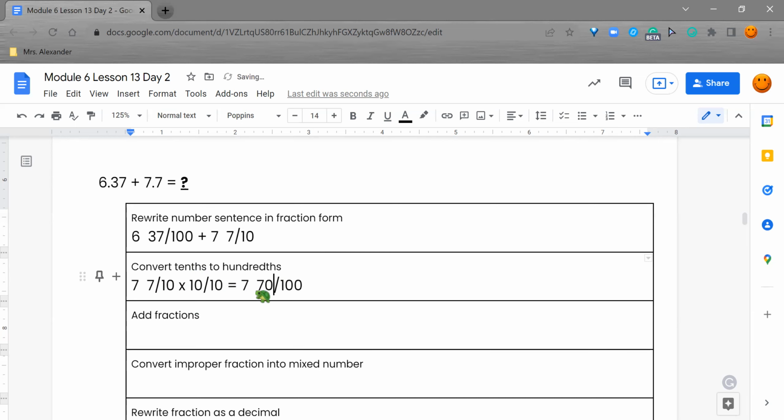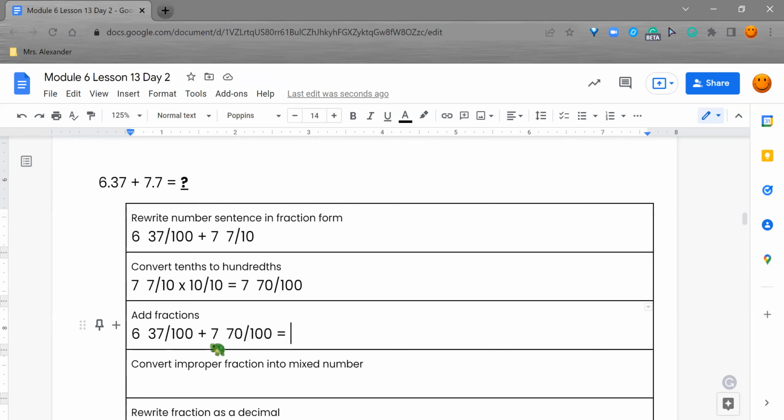So I'm going to take this mixed number and add it to this mixed number. So I have 6 and 37 hundredths plus 7 and 70 hundredths, which equals, first thing I'm going to do is I'm going to add my whole numbers, you guys, because those are like terms.